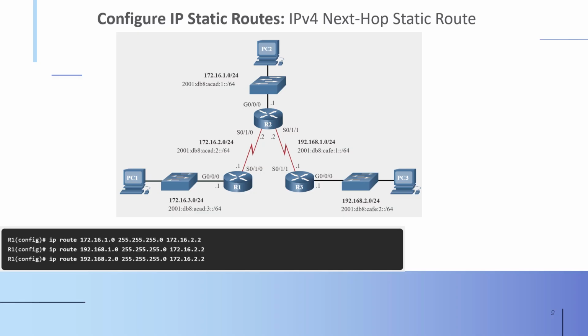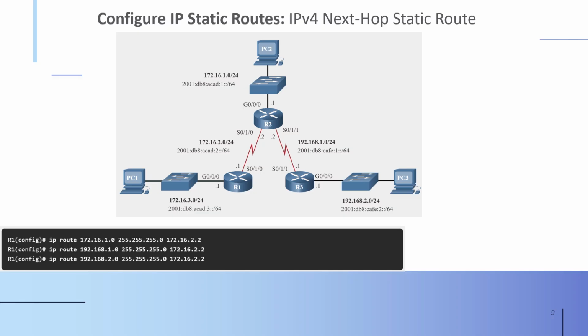And as we said, we are showing the next hop. The next hop to reach this network is the IP address 172.16.2.2, which is the IP address of the next hop, router 2, the IP address of serial 0/1/0.